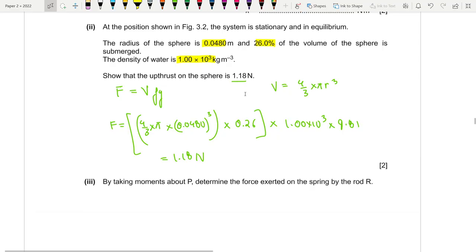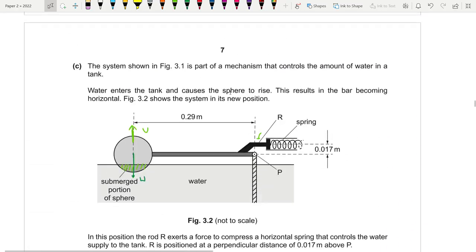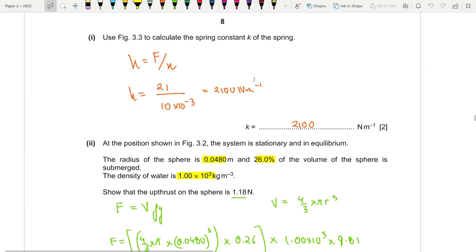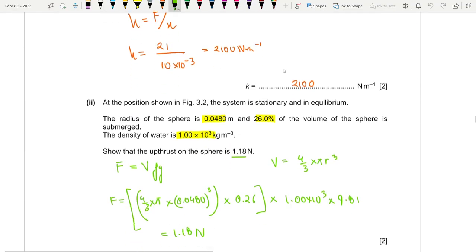That's the technique we're going to apply. So here you go. Basically, the system is in equilibrium, right? They mentioned that it's stationary and in equilibrium.